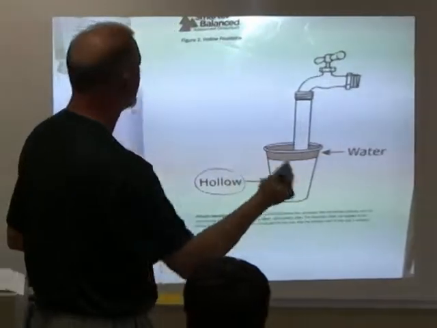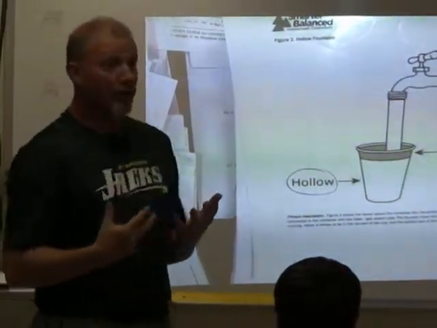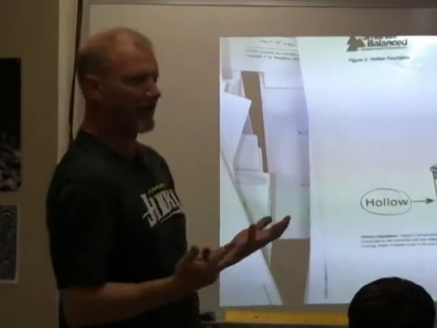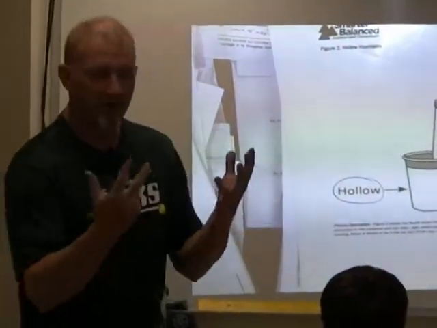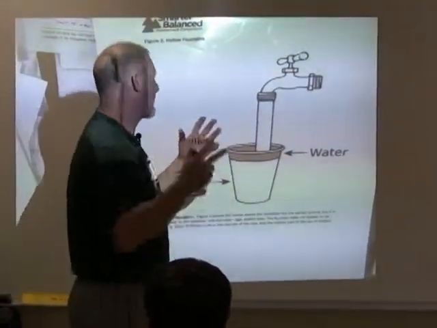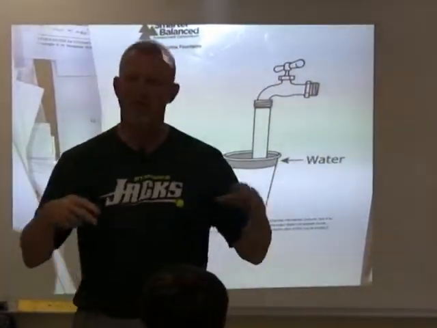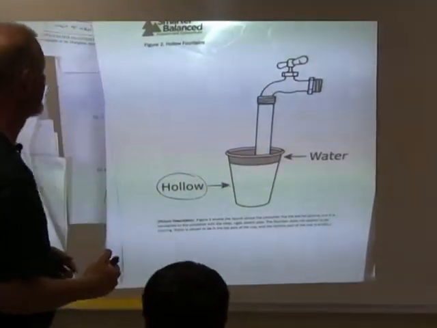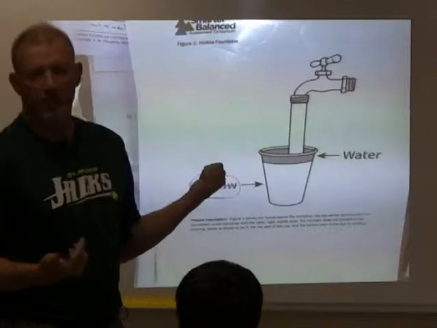It's maybe more controllable. It could conserve water maybe, since you don't have to use as much water to fill the fountain. But again, the difference between the two is just know that one's hollow, there's space down below where the water sits, and the other one's not.